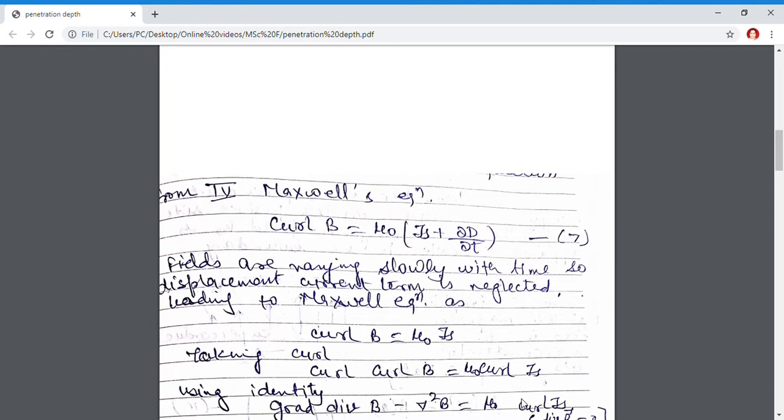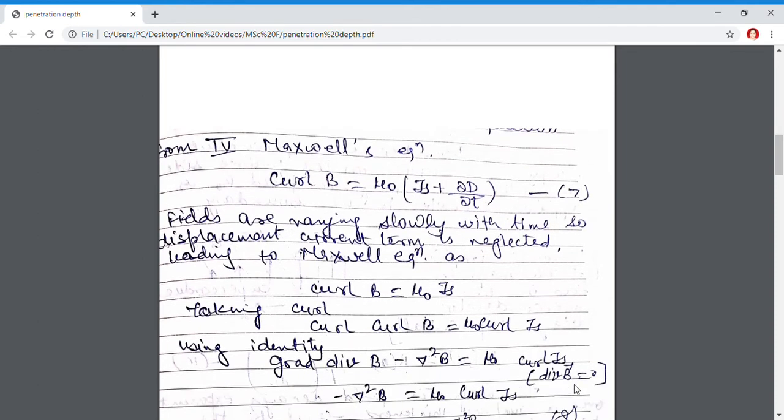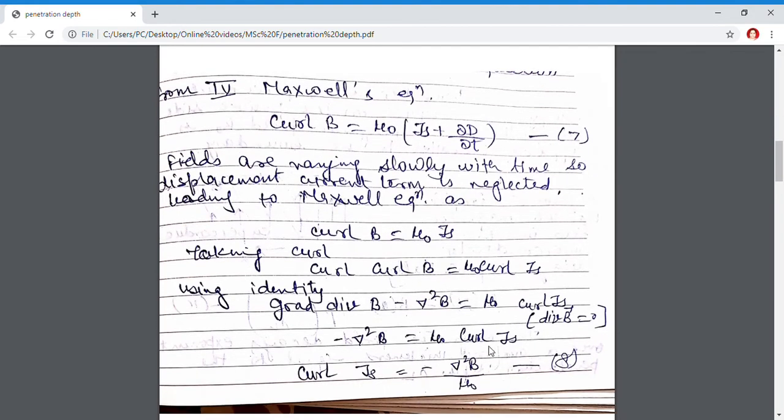Since divergence of B is 0, the first term in this expression will be equal to 0. So this equation becomes minus del 2 B equal to mu 0 curl Js. From here I can get the value of curl Js to be equal to minus del 2 B upon mu 0.